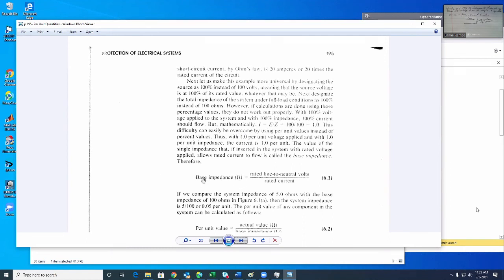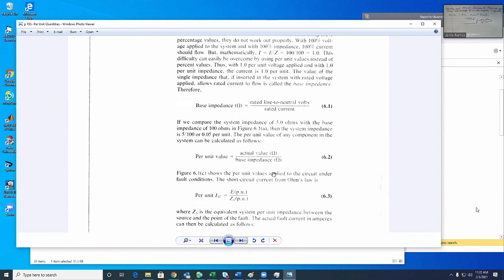We define a base impedance, which is the neutral-to-line voltage divided by the rated current. Any per unit value is defined as the actual value over the base impedance.